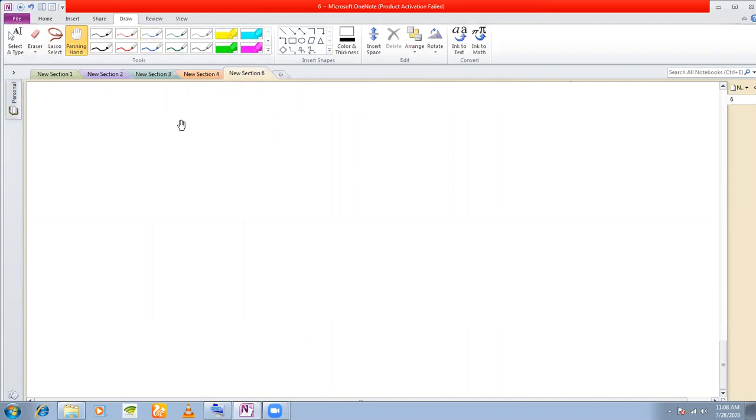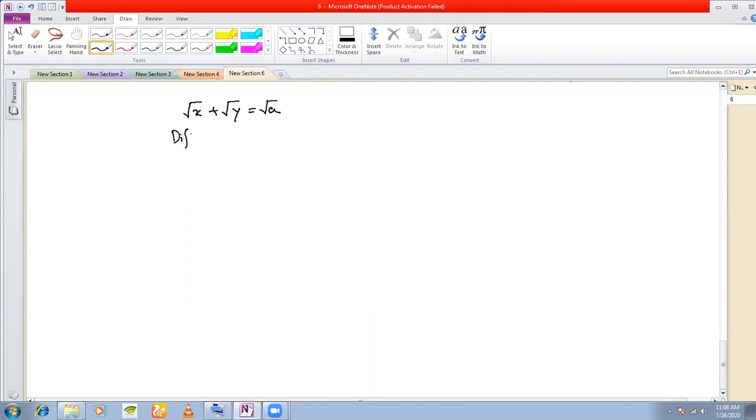Root x plus root y is equal to root a. Now you will tell me how to differentiate this implicit function.